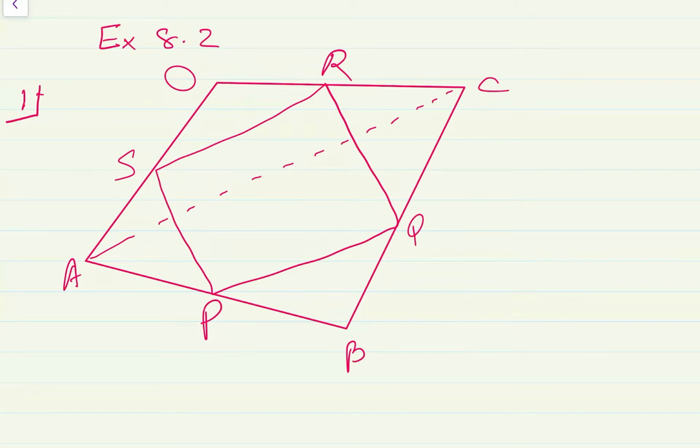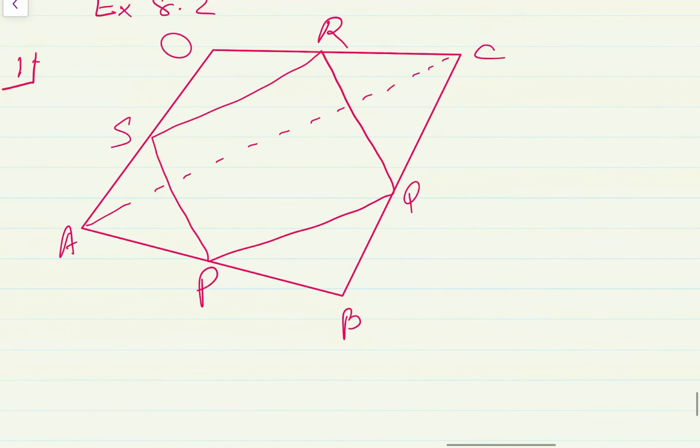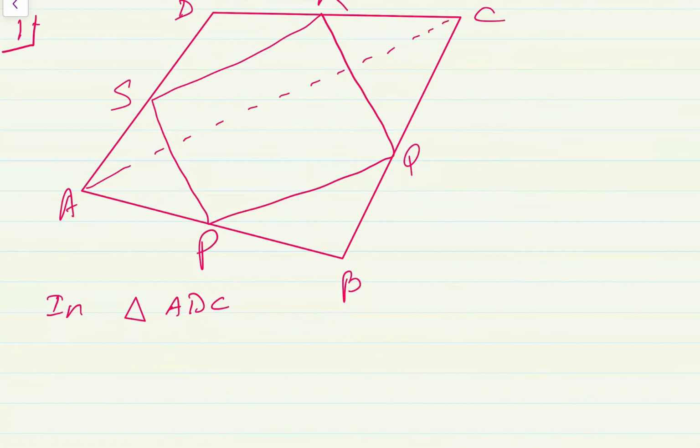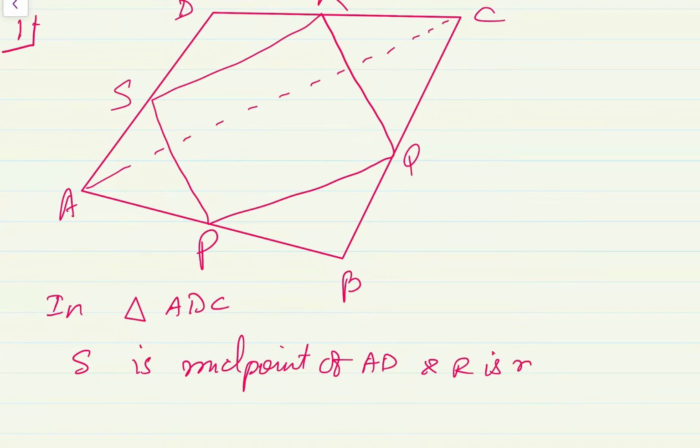We know in triangle ADC, S is the midpoint of AD and R is midpoint of DC.